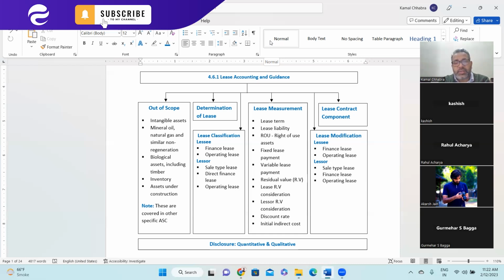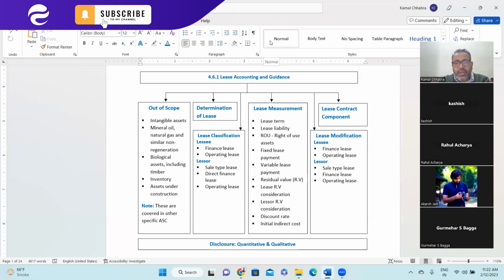And if none of those five criteria are met, then it is not a sales type lease. But there are two additional criteria. If those two criteria together are met, then that lease would be considered as a direct finance lease. We'll be discussing in detail all those criteria. And the last one is the residual, which is operating lease.